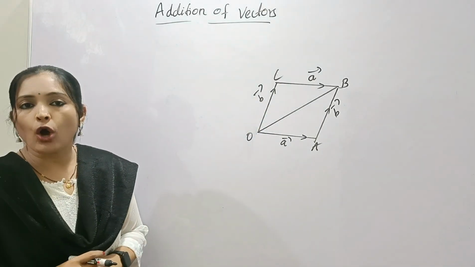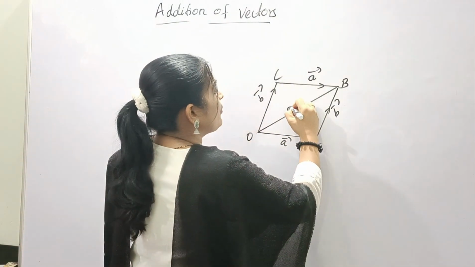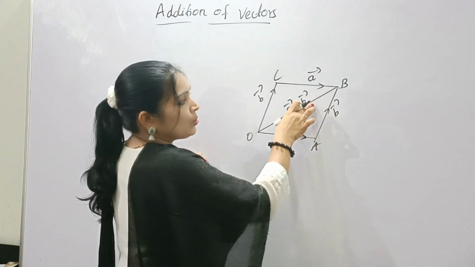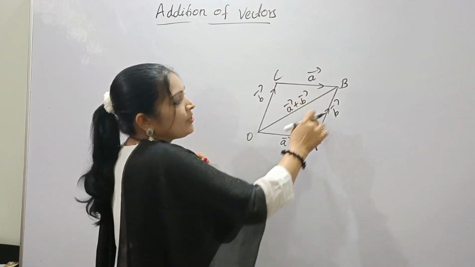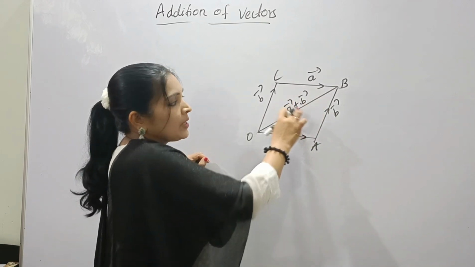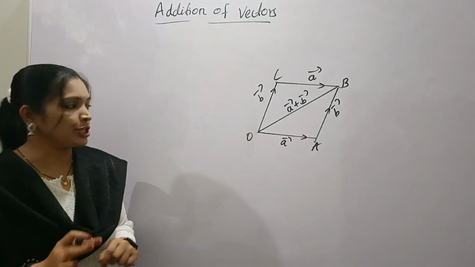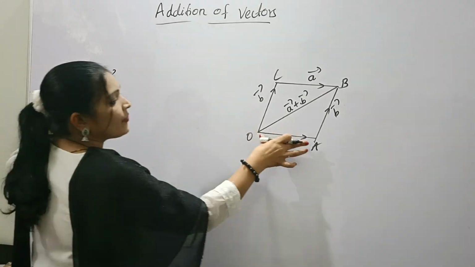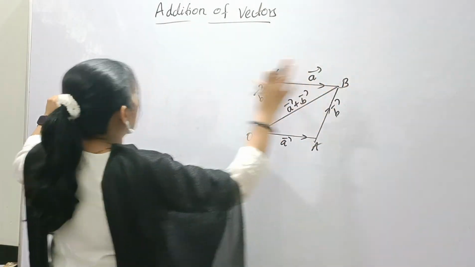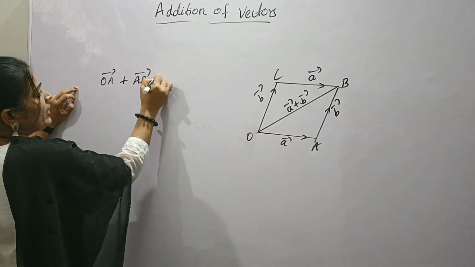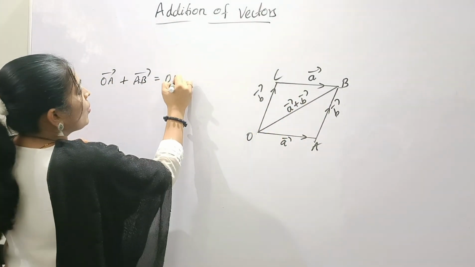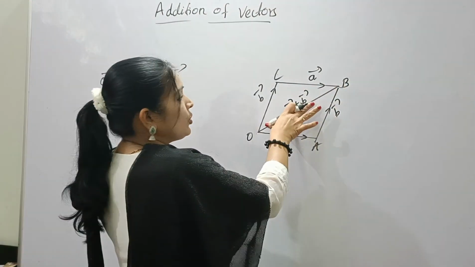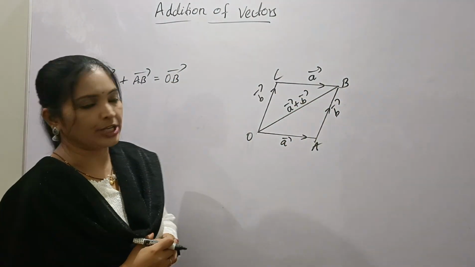So here by the triangle law of addition, the resultant vector, the sum of these vectors, is vector A plus vector B. So we can write vector OA plus vector AB is equal to vector OB, right? Vector OA plus vector AB is equal to vector OB by the triangle law of vector addition.